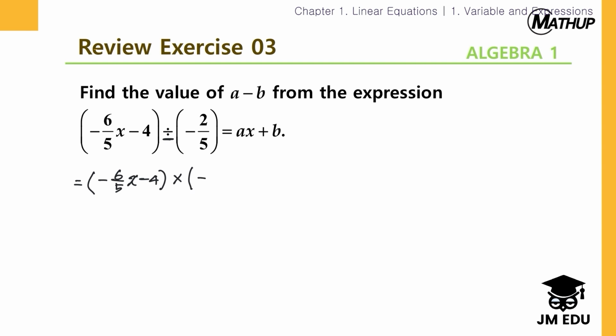So that becomes negative 5 over 2. So that is equal to, now we're going to distribute it, right? So negative 6 over 5x times negative 5 over 2 plus negative 4 times negative 5 over 2.